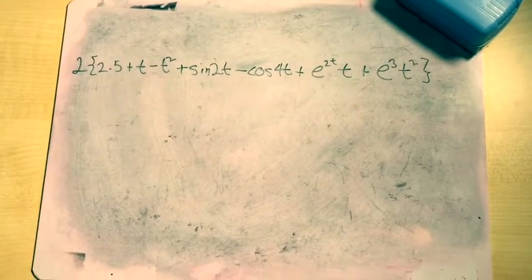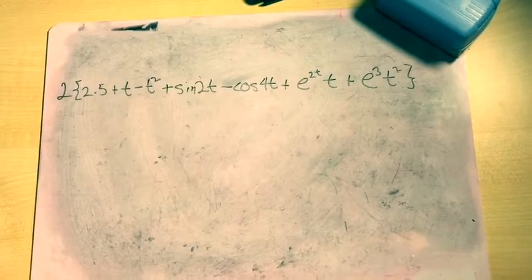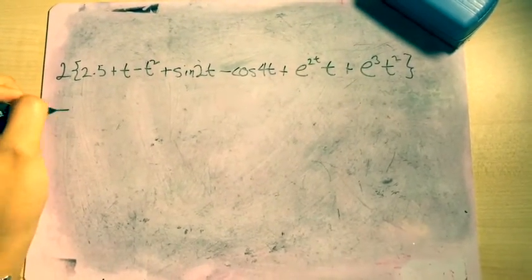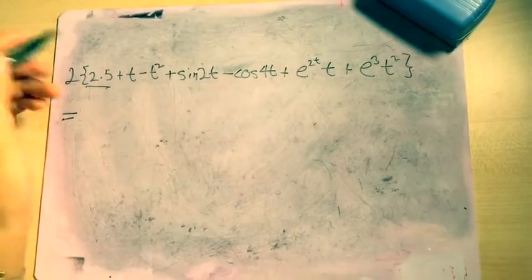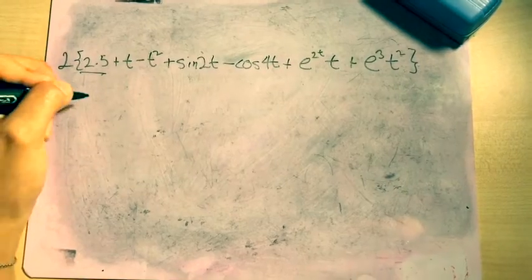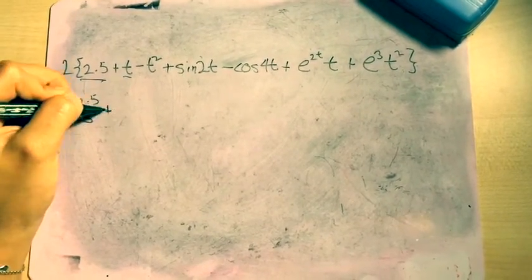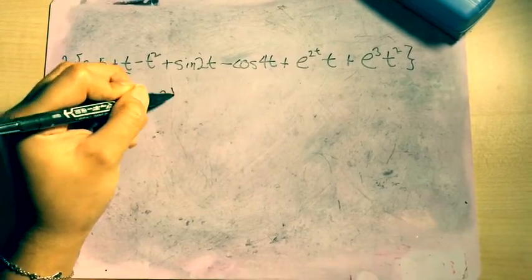So now that we've learned to use the table to solve the Laplace transform of some common functions, we could get a question like this. So what you do to solve it, just by parts, Laplace transform of 2.5 over s of t plus 1 over s squared minus.